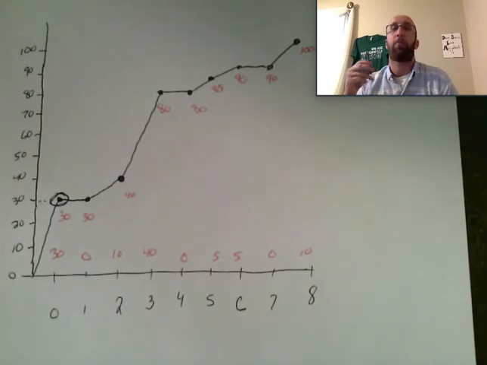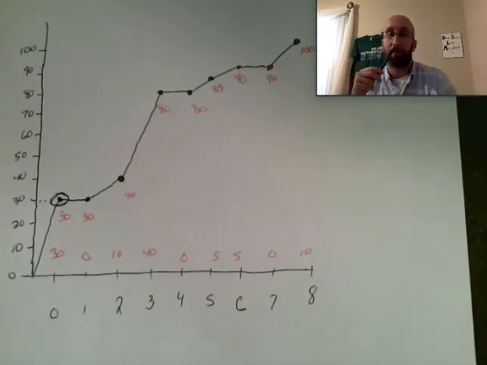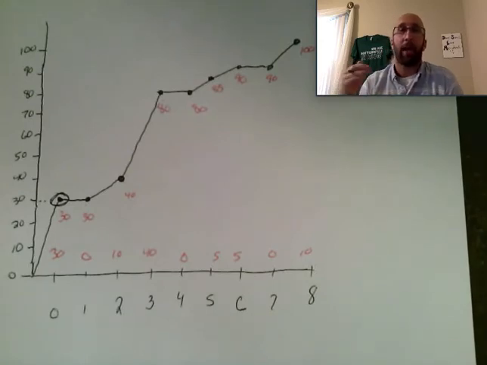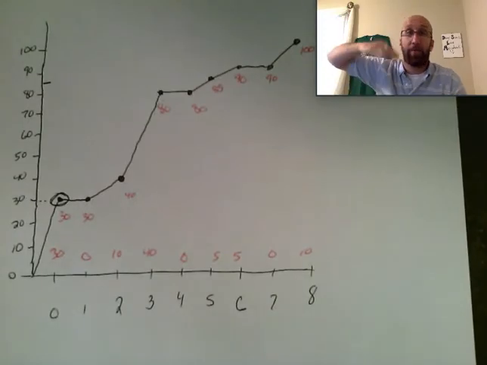If I want to know who my worst kids are, the ones that have the most tardies, I could say, all right, I want to know my top 15%. My top 15% would be everyone from 85 on up, because that's 15%.